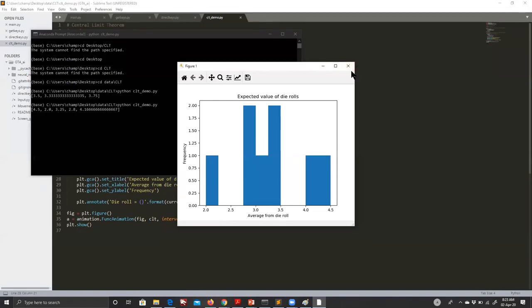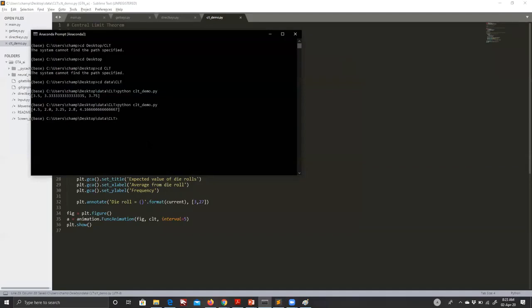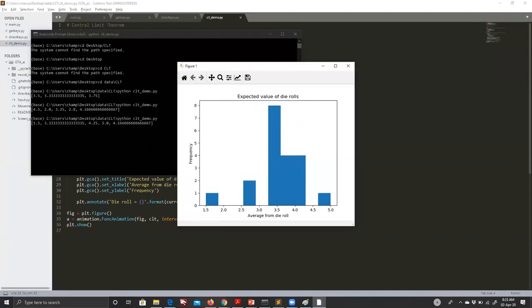Okay. And let's increase the number a bit. So maybe let's use 50 this time. Okay. And 50 here as well. Let's run it again. Now you might start to see some centralizing happen. Okay, some centralization of data to start to happen.